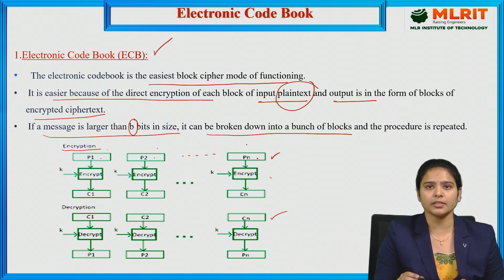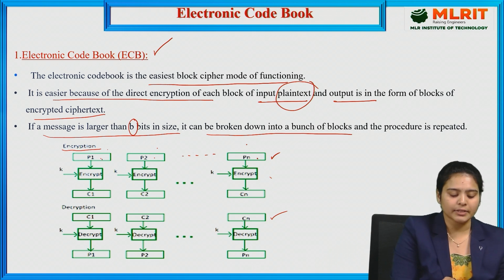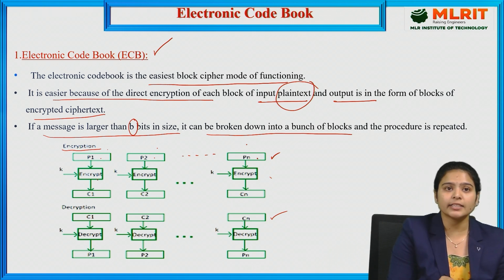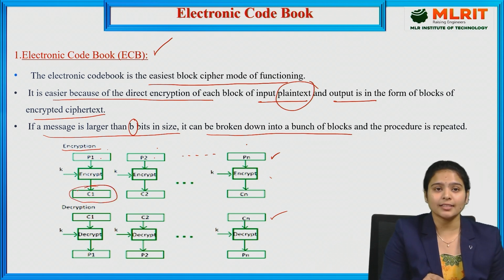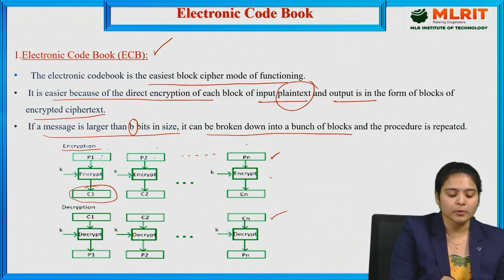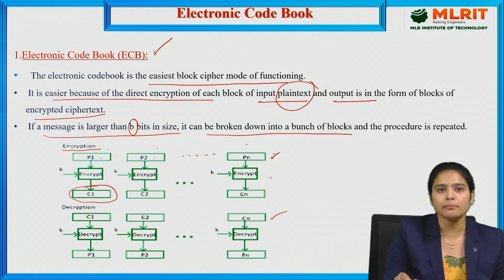It is divided into a bunch of blocks, from 1 up to n. So, I have taken some plain text that is going to be encrypted and it gives the output of the ciphertext. Like that, we take the process of P1 to Pn, dividing into a bunch of blocks up to the nth block.